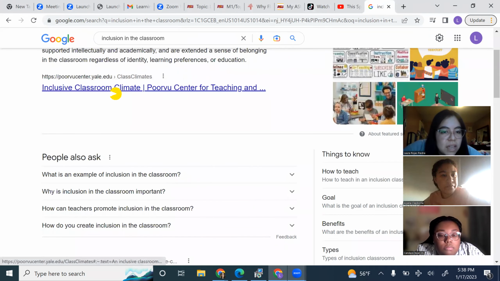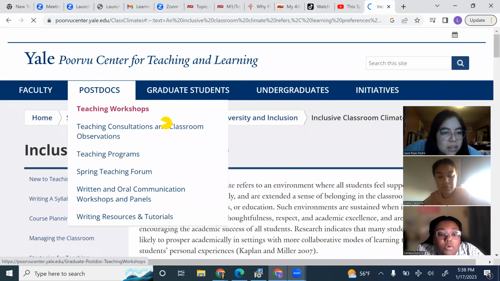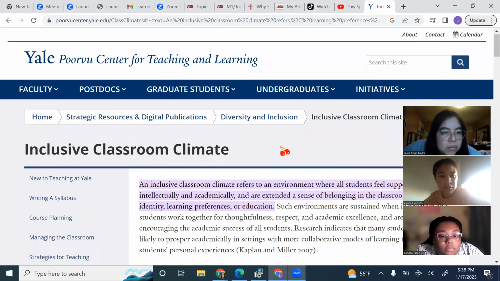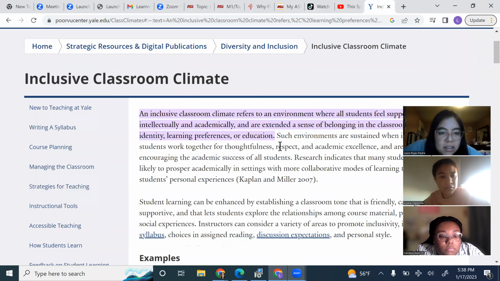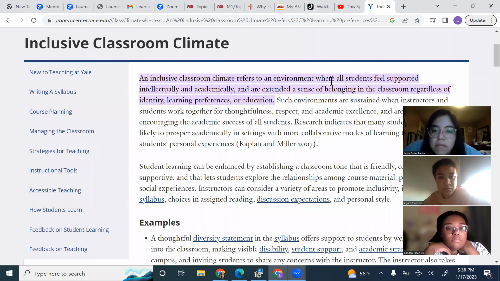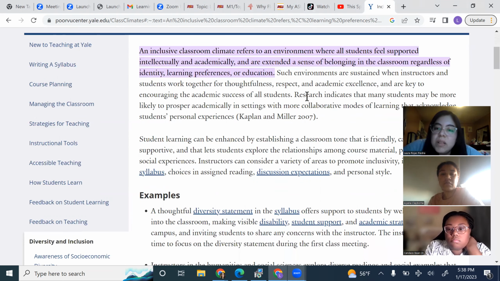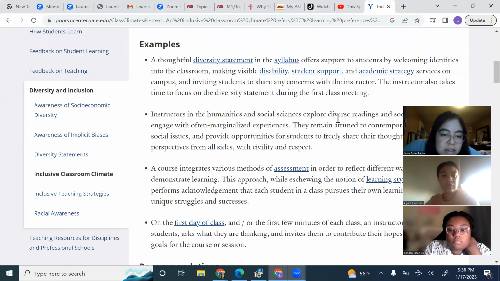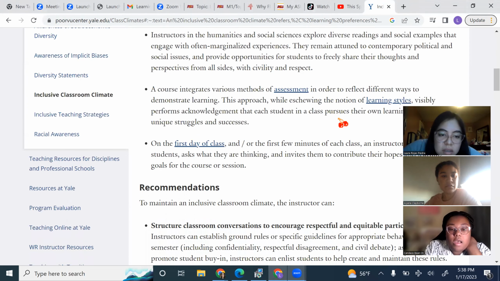Oh, inclusive classroom climate from Yale University. So, an environment where all students feel supported intellectually and academically and are extended a sense of belonging in the classroom, regardless of identity, learning preferences, or education. Oh, this is good because then it gives examples.